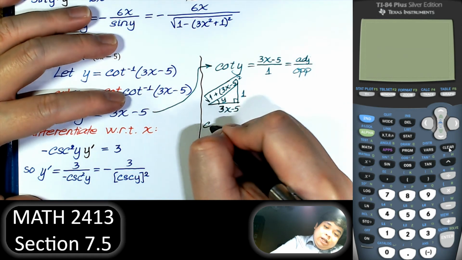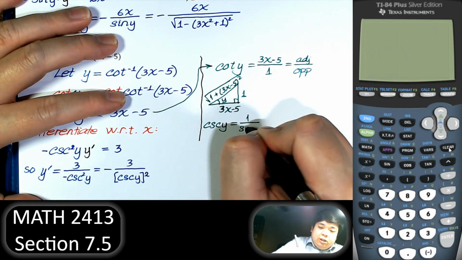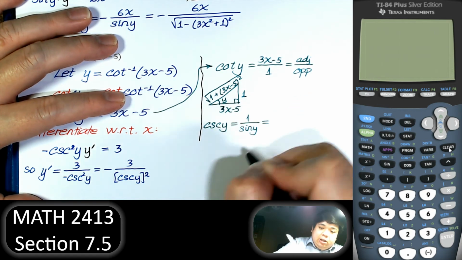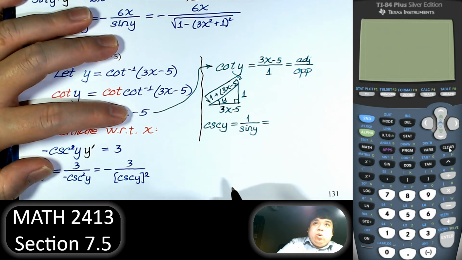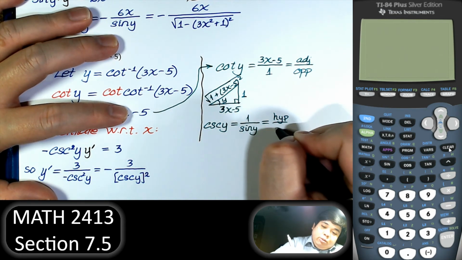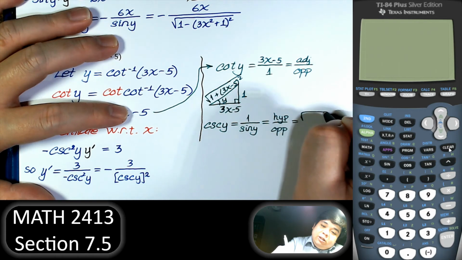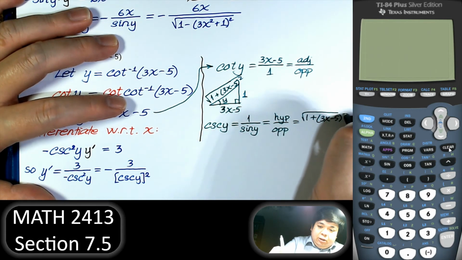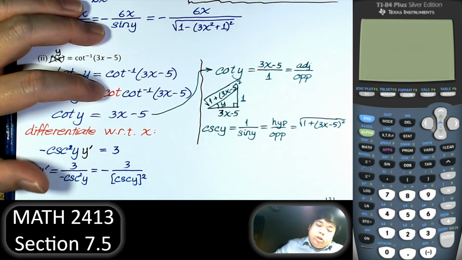So if we want cosecant, which is 1 over sine, sine is opposite over hypotenuse, so cosecant is hypotenuse over opposite. I mean, the reciprocal of sine. Hypotenuse over opposite, which is 1.